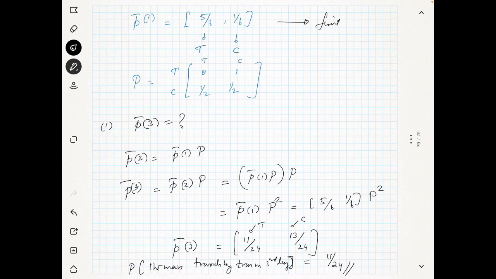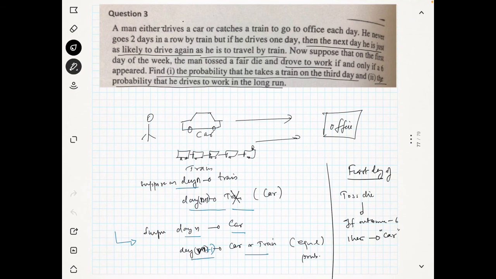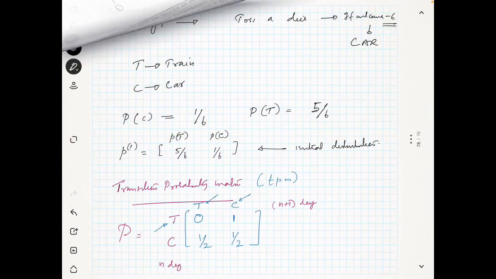Now, on a long run, that is the question. That is a very beautiful question. That's what I want to spend some time on. Now, what is the probability that he drives to work in a long run? You see the term long run. Long run means as time tends to infinity.